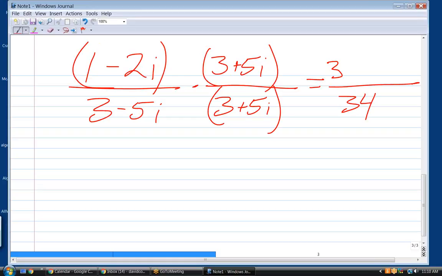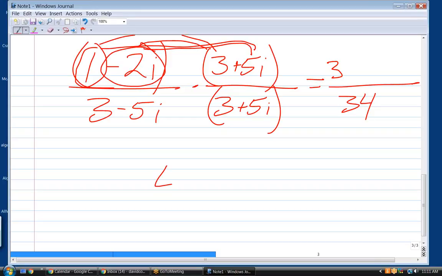So I'm going to multiply the first terms, then the outside terms, then the inside terms, and then the last terms. But basically what I'm doing is starting with the left expression, take this one, multiply it by each of these terms, and then go back and take that and multiply it by each of those terms.